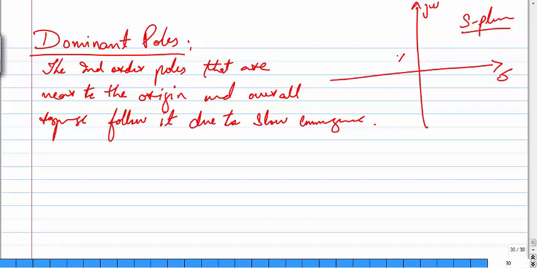For example, if these are two poles, then these poles are the dominant poles. If these are other poles, then these are non-dominant poles. These poles are the dominant poles. So the main shape of the response is based on these dominant poles.